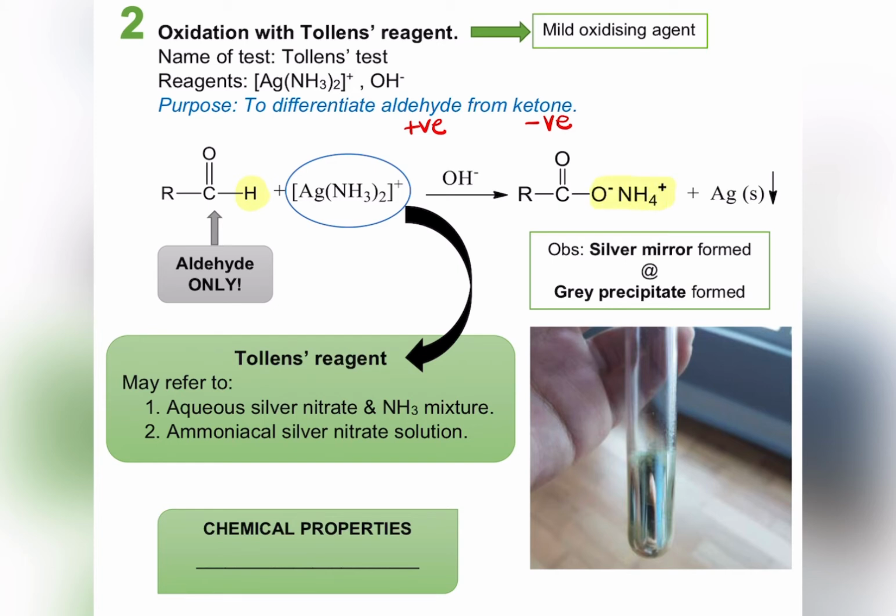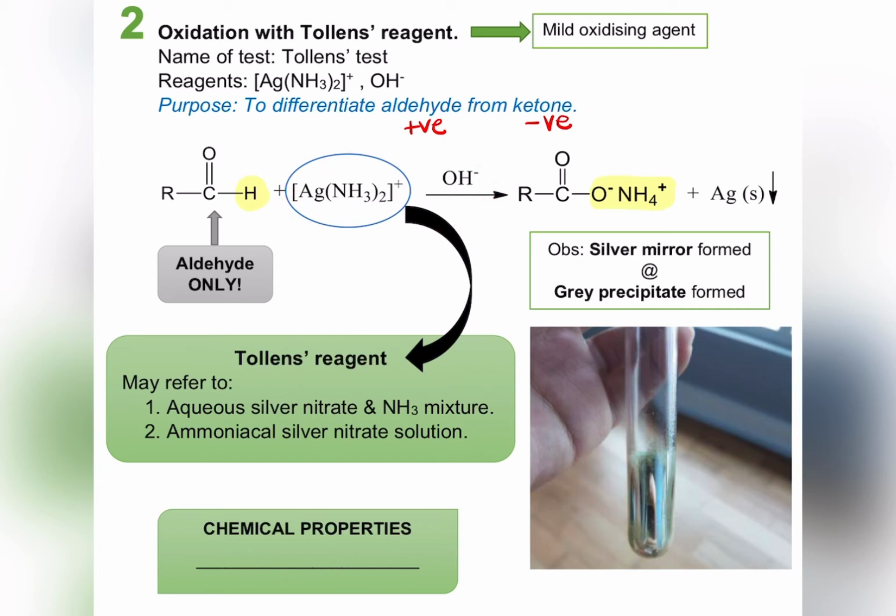And you have to make sure you have another side product, which is plus Ag. This is where your observation is recorded as silver mirror or gray precipitate. So that's why I put in brackets solid, or an arrow facing down, to emphasize the precipitate or silver mirror form here. So the reaction will happen using Tollens reagent.